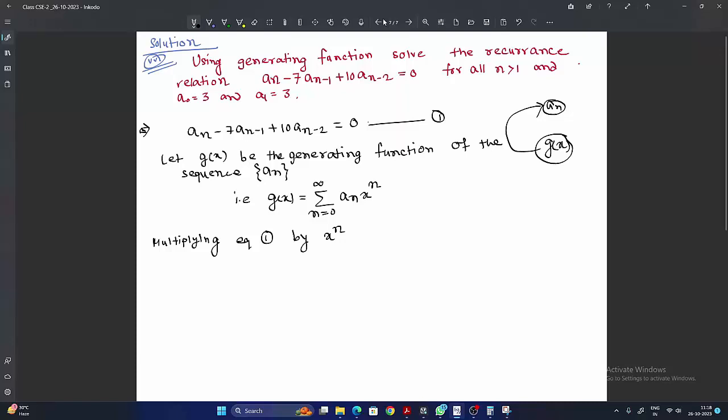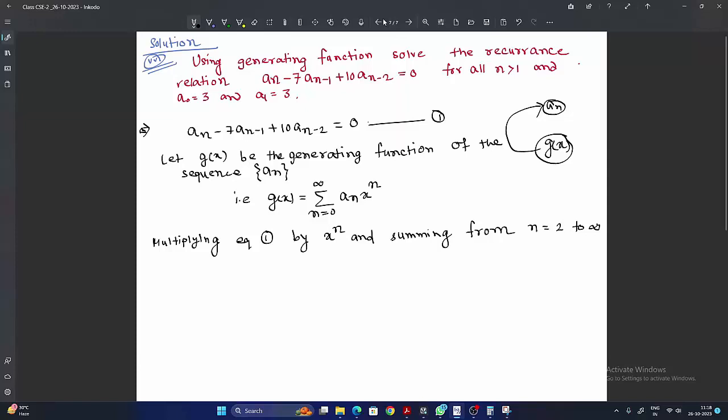So that's why we are multiplying this a_n by x to the power n first, and then we are summing from n equal to 2 to infinity, not n equal to 0 to infinity. We are taking it n equal to 2 to infinity.